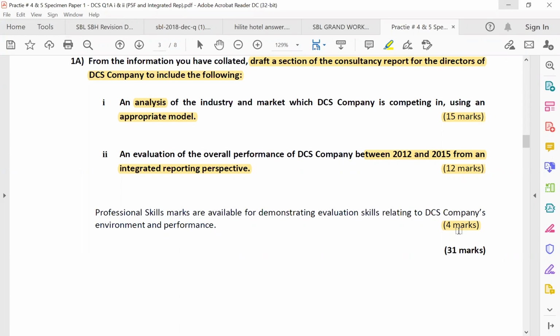If a question is on integrated reporting or the six capitals, it will constitute around 30% of your paper, because this is the examiner's most favorite topic and the students' most confusing topic, since normally students don't know what to write in integrated reporting.